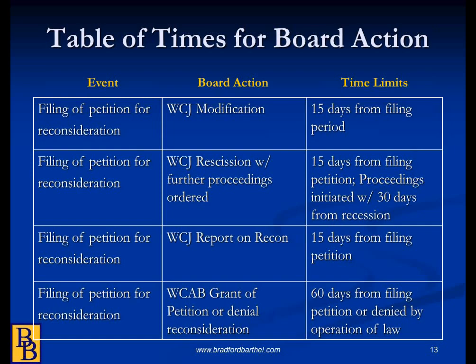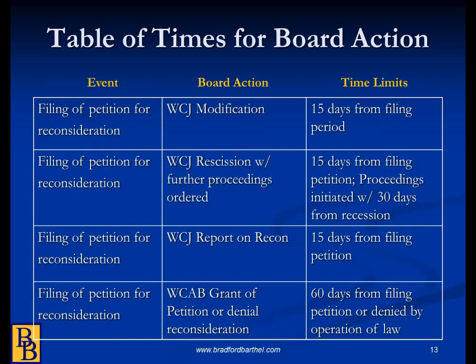And secondarily, once you file a petition for reconsideration, the judge can rescind his or her decision. And when they do so, they have to order further proceedings, and they have to do so within 30 days from the rescission of that decision. And when they rescind, it's basically making it null.